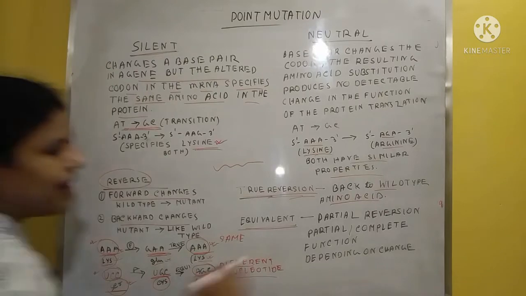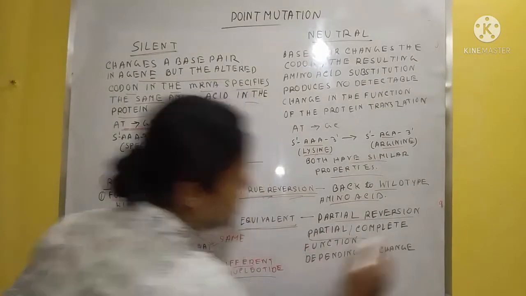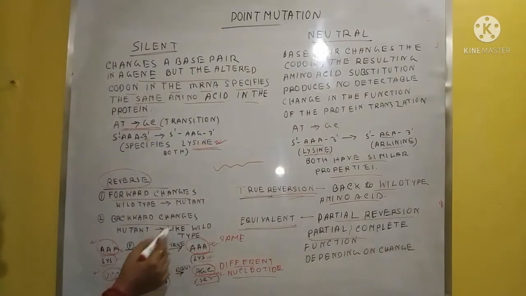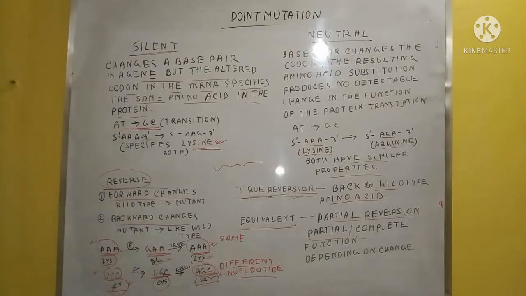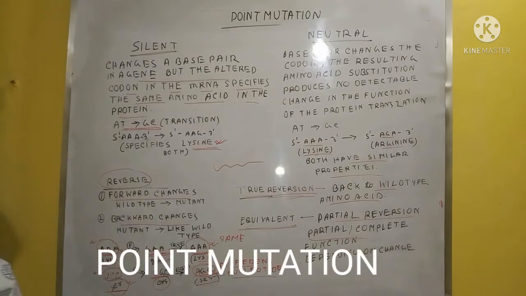That means a partial reversion is seen here, whereas the other is a complete reversion, and the feature may or may not change depending on the codon. Clear? So this is the reverse mutation, and the last mutation we learn here is the suppression mutation.